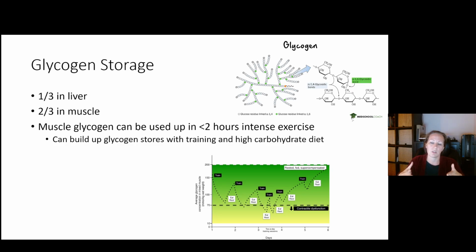So you have 3 days of hard training with a low carb diet, completely depleting your glycogen, and then you rest more and eat a very high carbohydrate diet. This training is very difficult, both physically and psychologically, in the low carb phase.